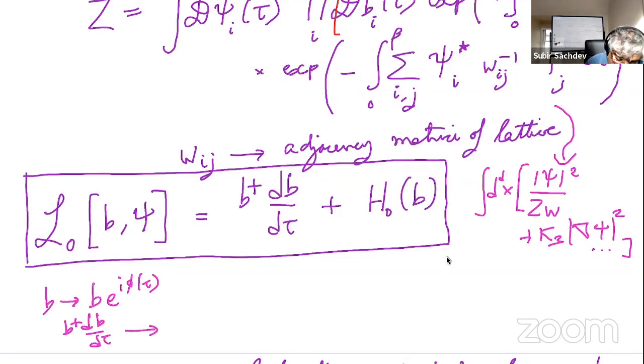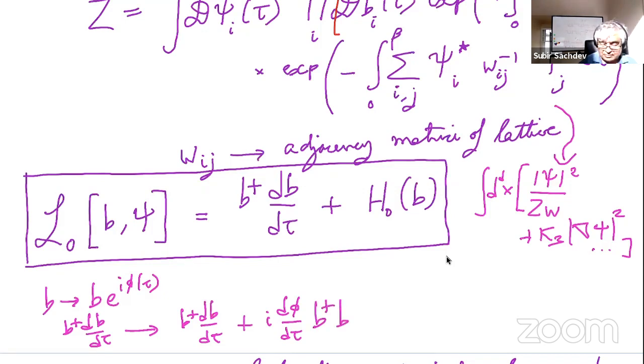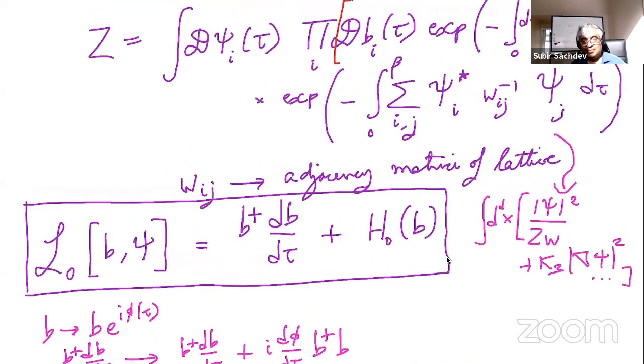There'll be one term which is exactly as before, but there'll be another term which will be i d phi d tau times n, where n is B dagger B, of course. Let me write it out. So there'll be an extra term which will not allow you to make this transformation. So that is not a symmetry or an invariance of this path integral.